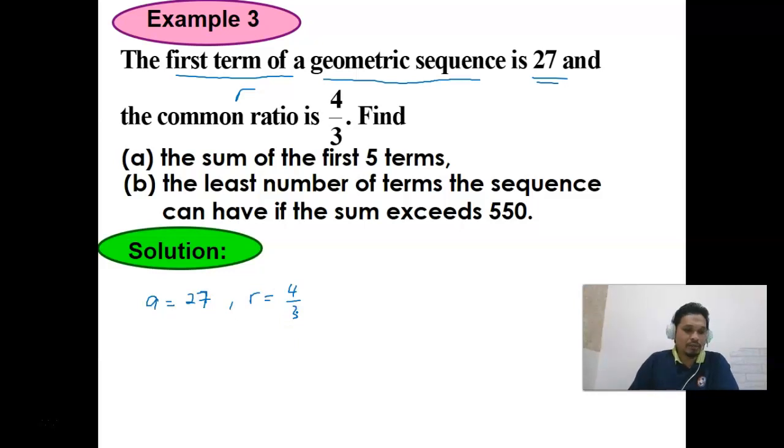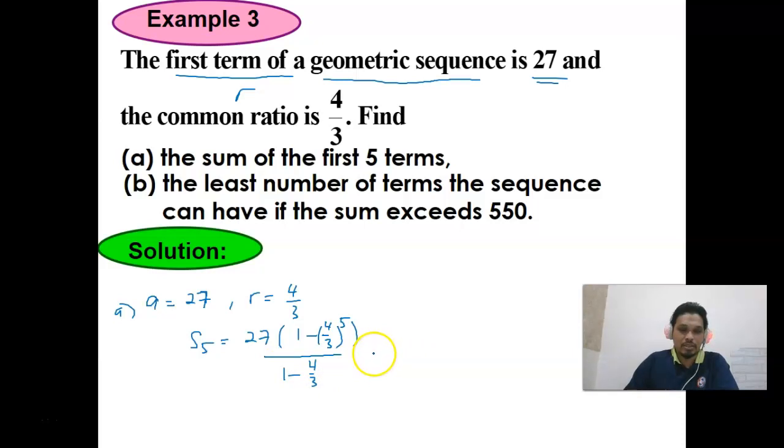So the summation of the first 5 terms, S5, equals 27 times 1 minus 4 over 3 to the power of 5, and then divide by 1 minus 4 over 3.